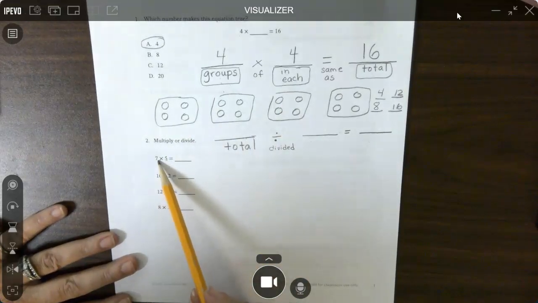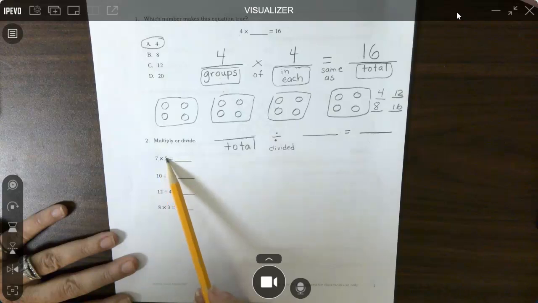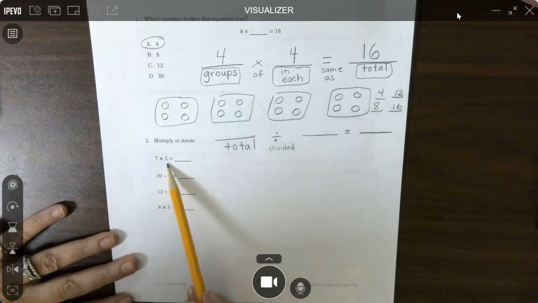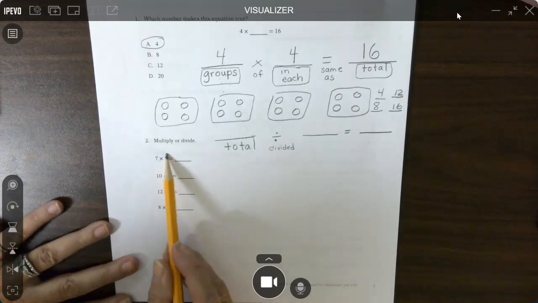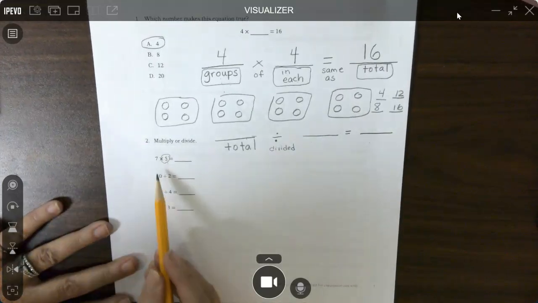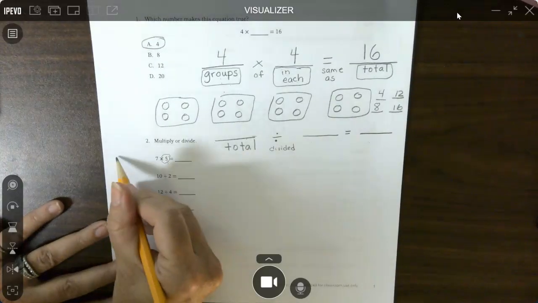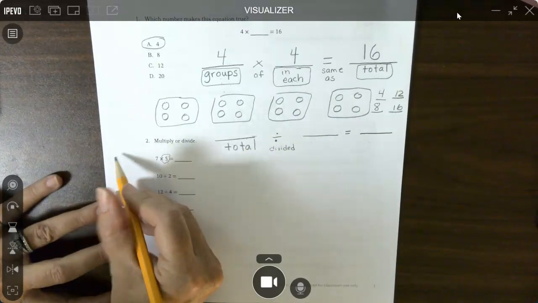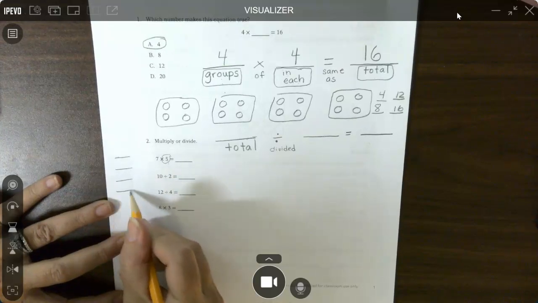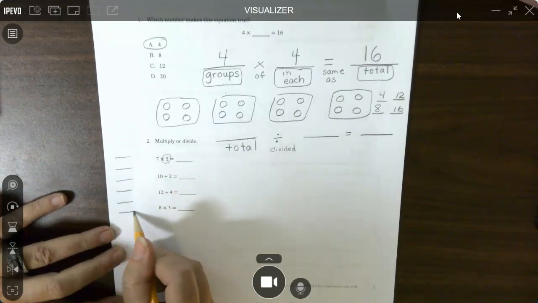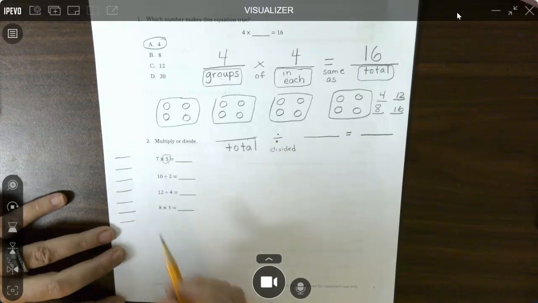I could draw 7 groups and put 5 things in each, or a more efficient strategy would be simply to skip count by 5s 7 times. I'm going to draw 7 lines to help me with that. 1, 2, 3, 4, 5, 6, 7.